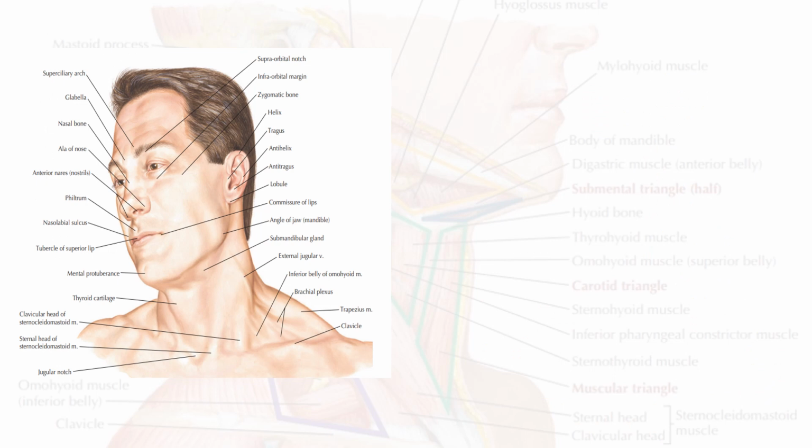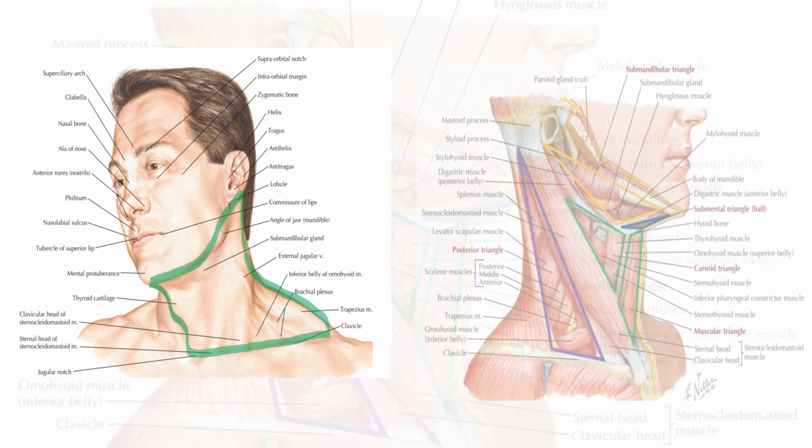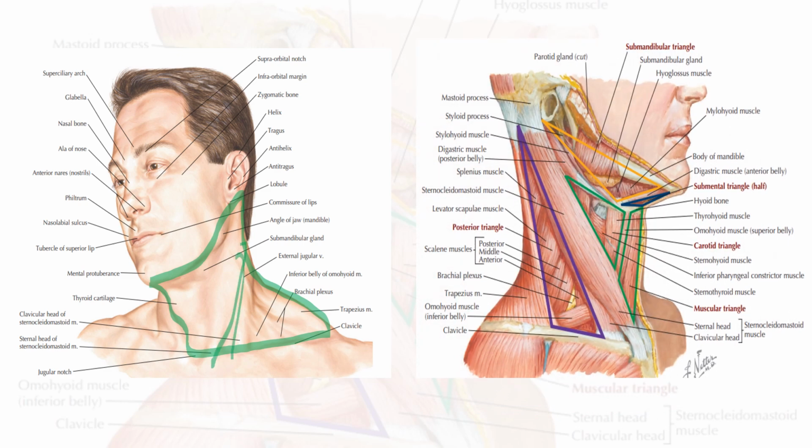Again, this is the quadrilateral area. This area is divided by sternocleidomastoid. So here again you can appreciate the base of mandible, mastoid process, anterior median line, clavicle. This is the anterior border of trapezius.